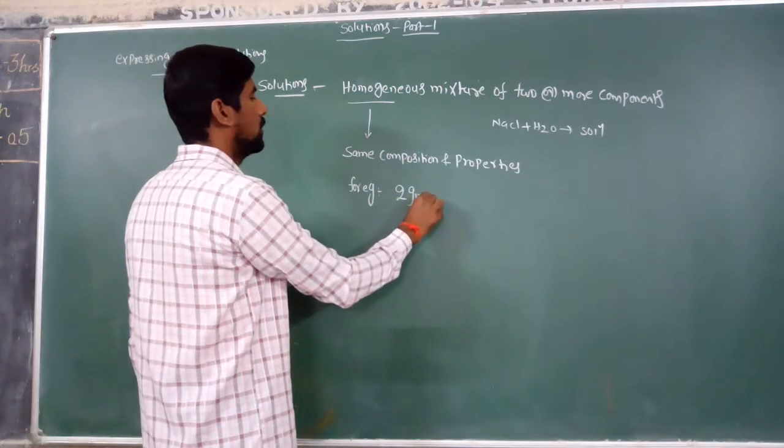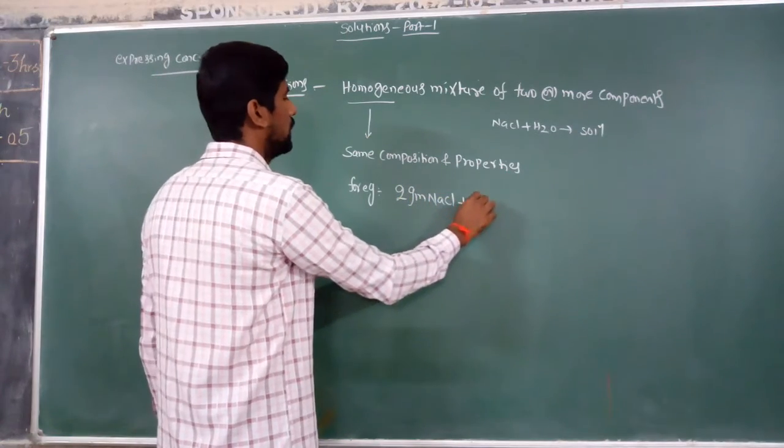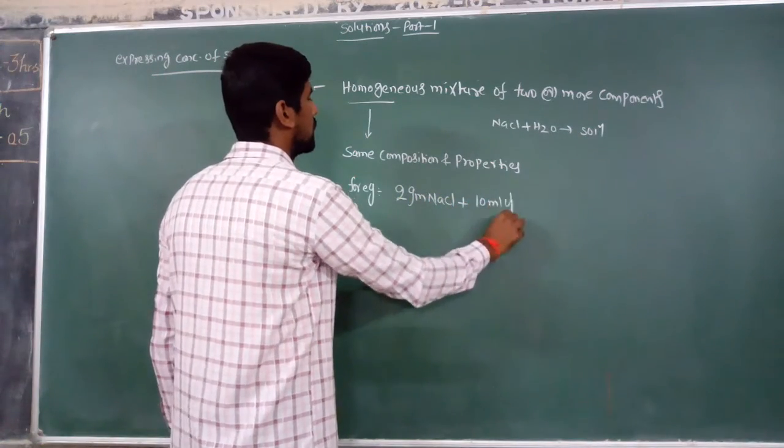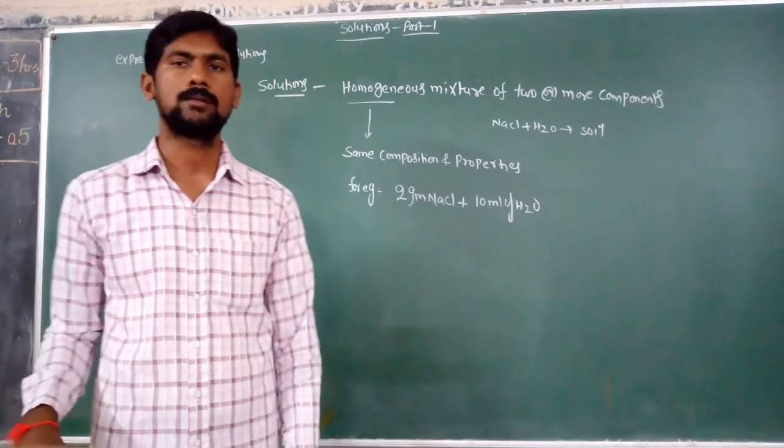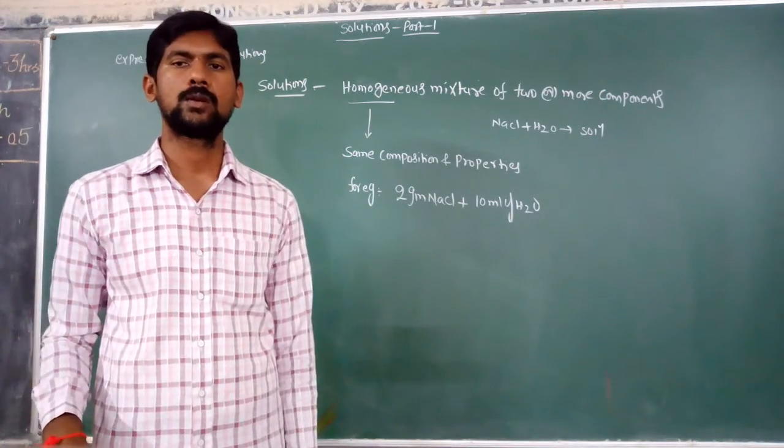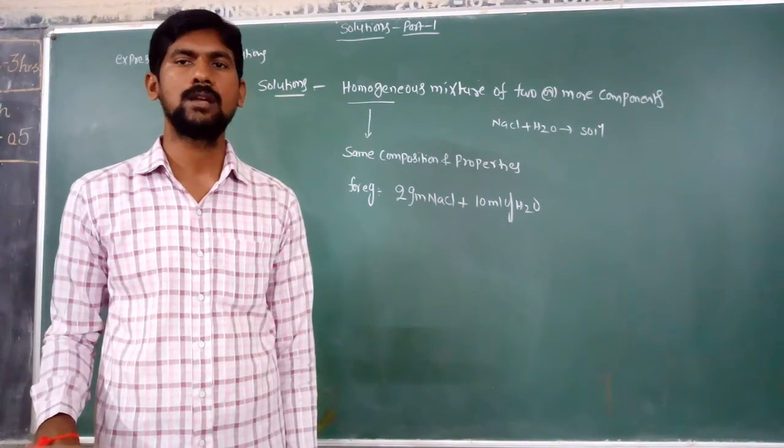For example, 2 grams of sodium chloride is dissolved in 10 ml of water, and we get a salt solution.